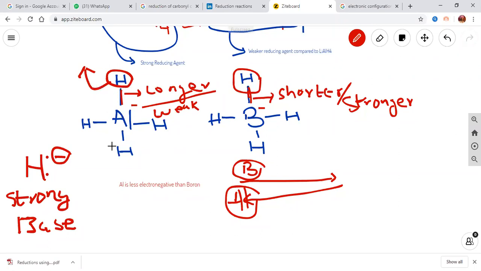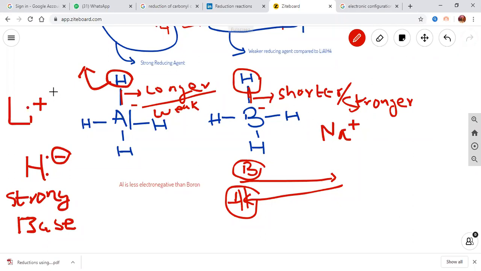So that is why lithium aluminum hydride is a stronger reducing agent compared to sodium borohydride. Lithium is just a spectator ion here, and here also sodium is just a spectator ion, for neutrality.